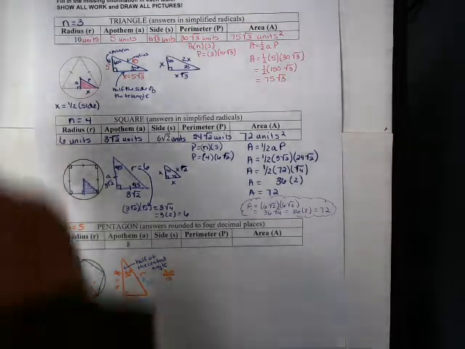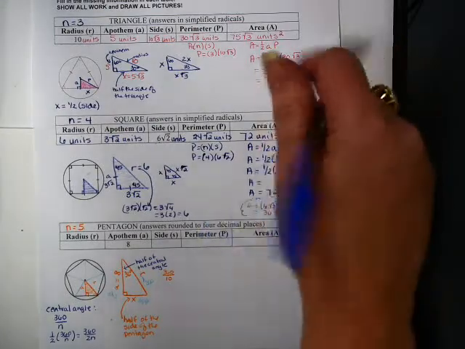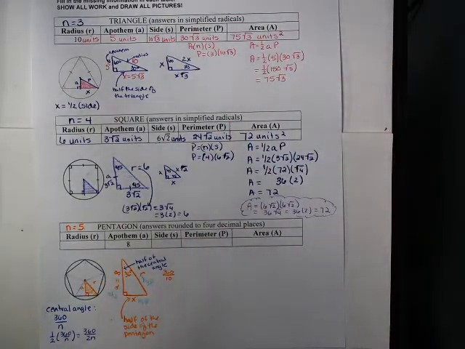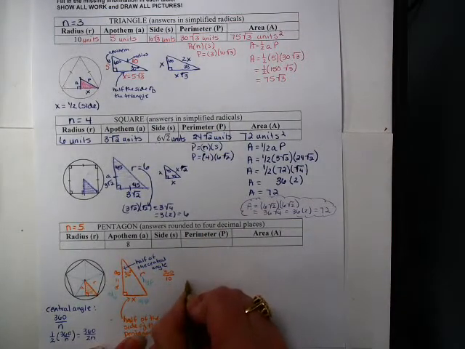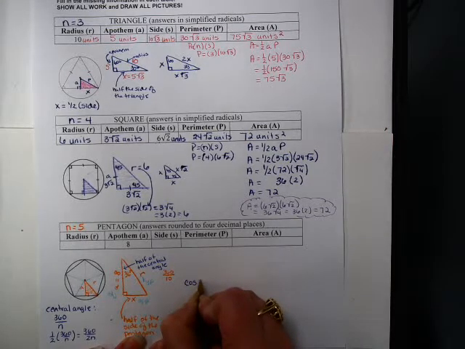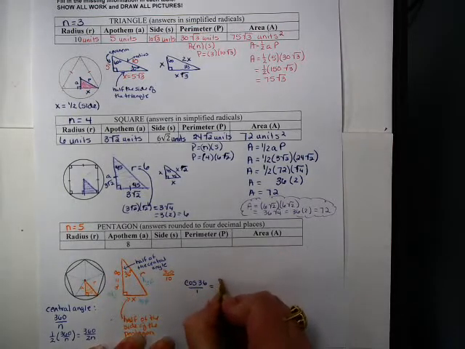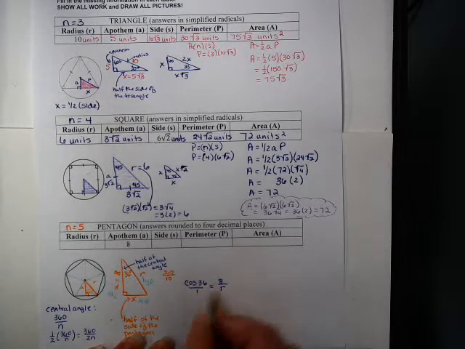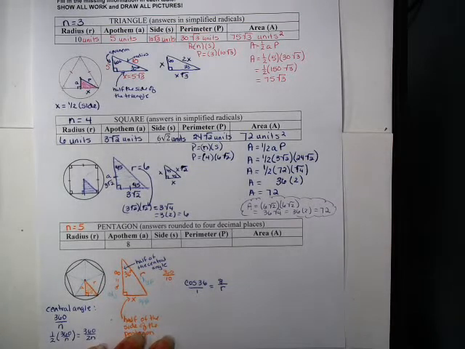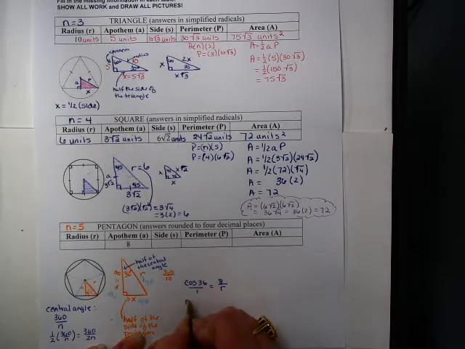So I'm going to put cosine of 36 degrees over 1 is going to be adjacent over hypotenuse, which is r. Now cross multiply, and this is one where you're going to have to divide. So the radius ends up being 8 divided by cosine 36.